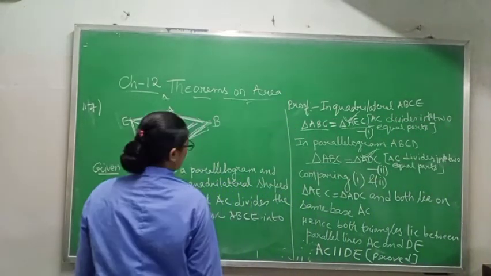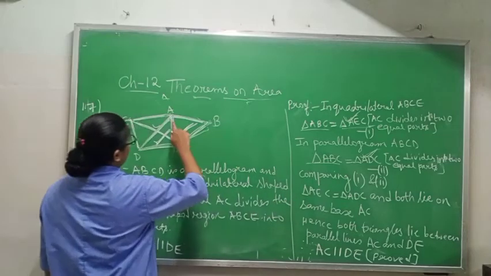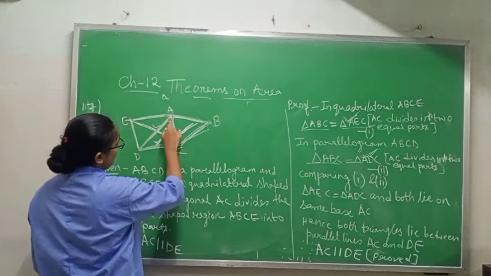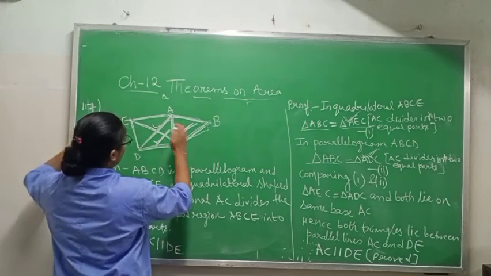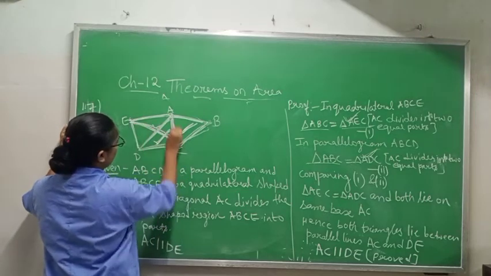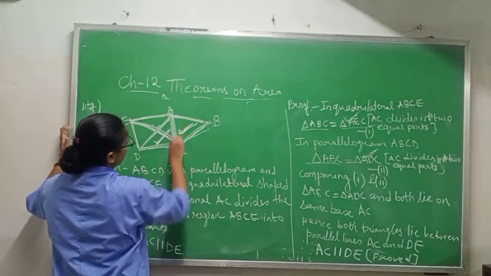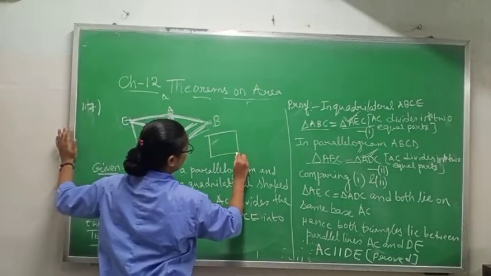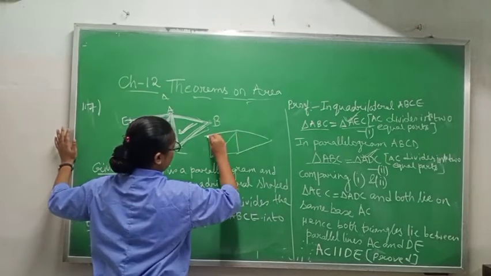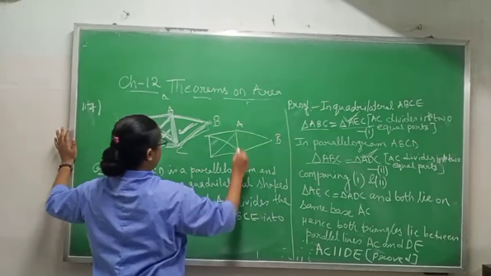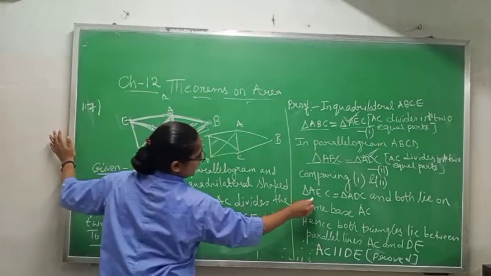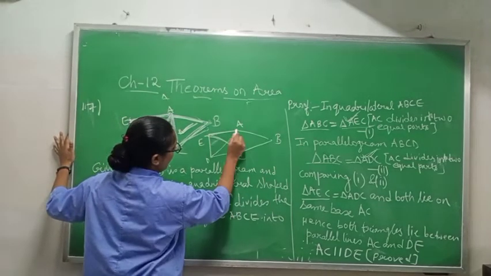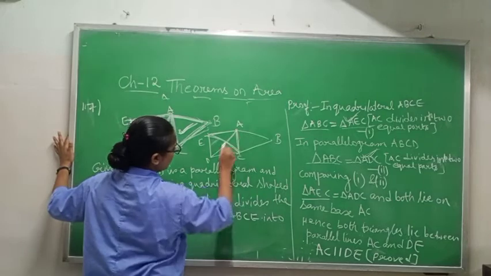Now these two triangles, AEC, this one, and ADC, this one. I am showing you one more time so that it will be clear to you. Which two triangles are we getting? Triangle AEC and triangle ADC.